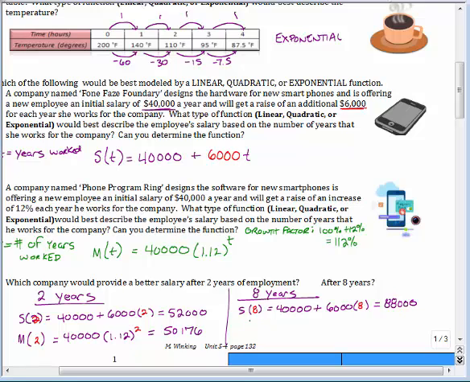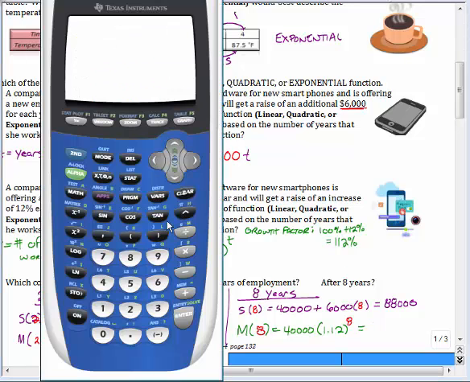And then compare it with the second salary. M of 8 is equal to 40,000 times 1.12 raised up to the 8. Let's see how much that would earn. So 40,000 times 1.12, the growth factor, raised up to the 8.